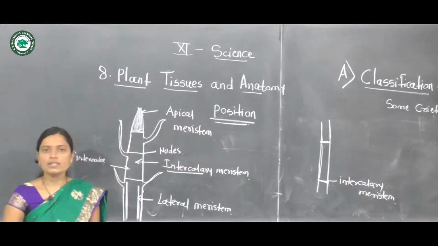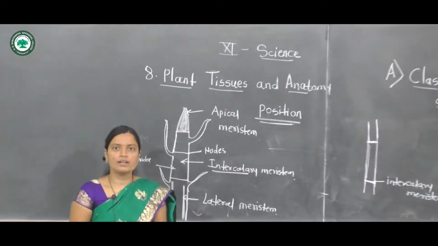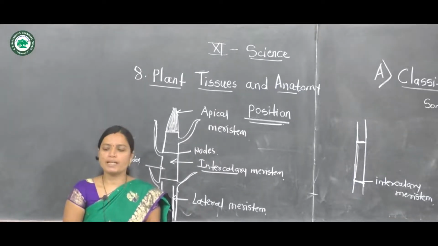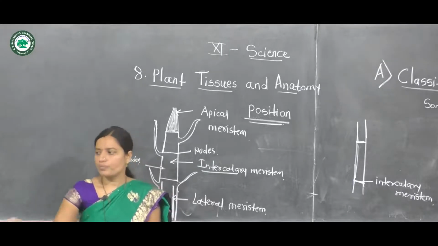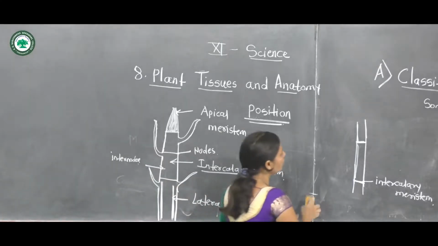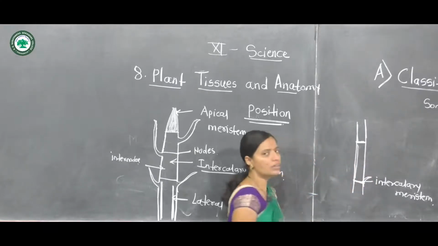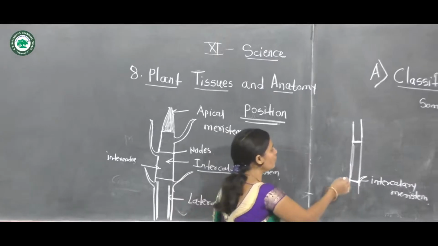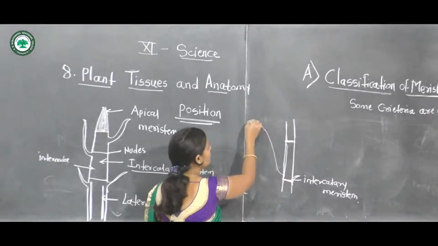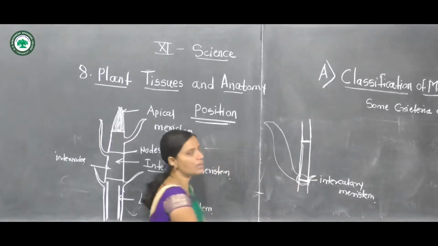Generally, this tissue is present at the base of the leaves and internodes, at the base region. The first one is the base region of the leaves, where the intercalary meristem is found. In many monocot plants, the basal region of the leaf has this intercalary meristem.